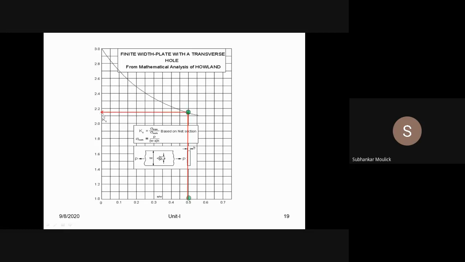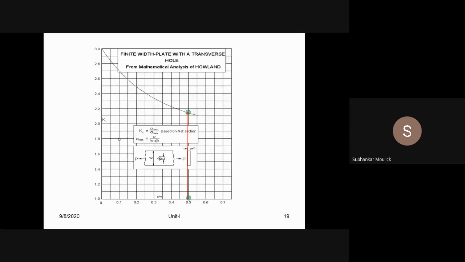So this particular value will be your stress concentration factor Kt, and that Kt comes out to be about 2.15, because this is 2.0, this is 2.2. For some people it can be 2.16, 2.14, 2.13, not an issue. So let us assume Kt equal to 2.15.